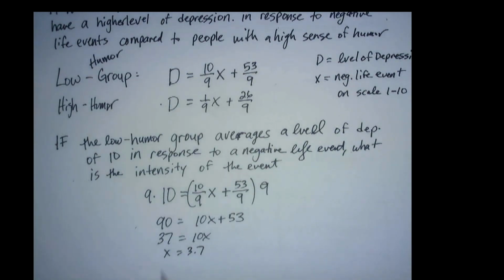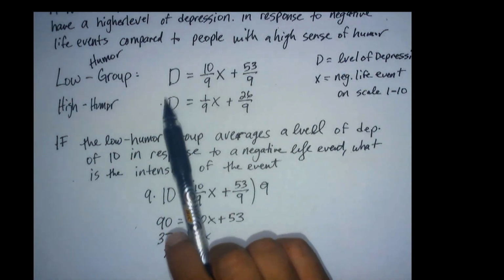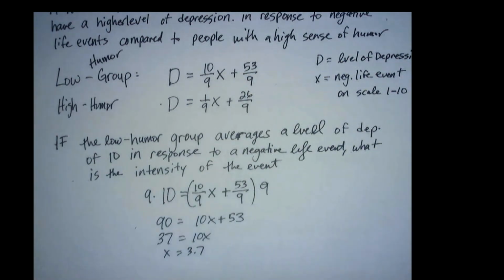So if the depression level is 10, the intensity event is only at 3, so it's not that bad. I don't know how you measure the level of depression, but this is just a math problem. So this is where it's going to come up. The algebra is going to come up in things that are not algebra class, like a high-level medical class or a psychology class or something like that, where they try to model behavior with mathematics.